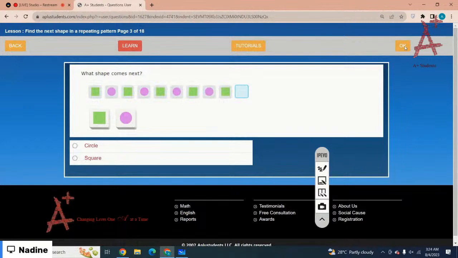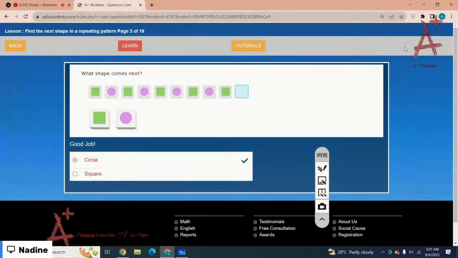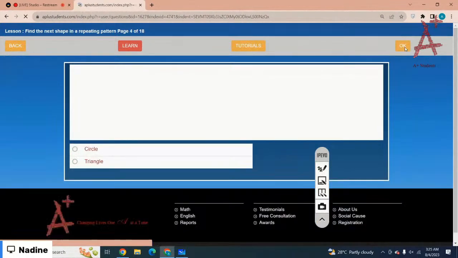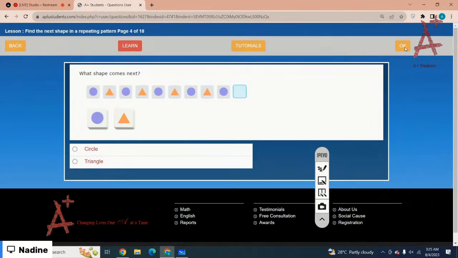Okay, what shape comes next? Which is the correct option? Yes, that is a circle. What shape comes next? Which is the correct option?